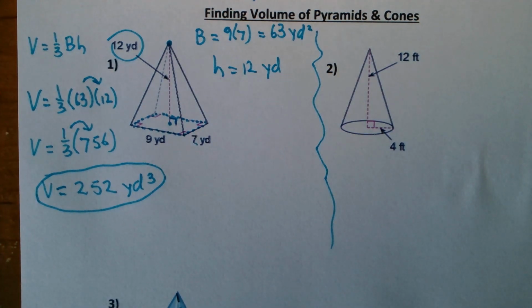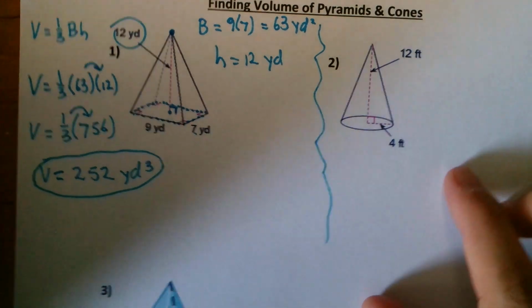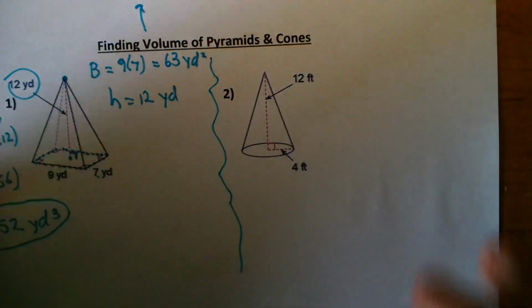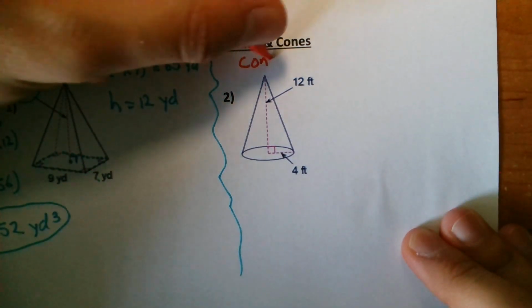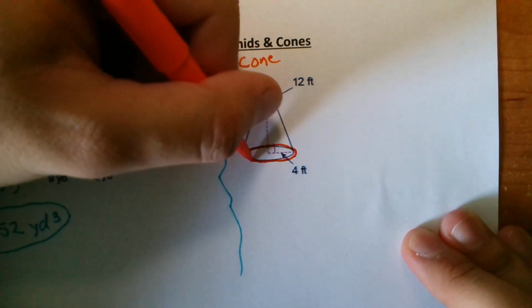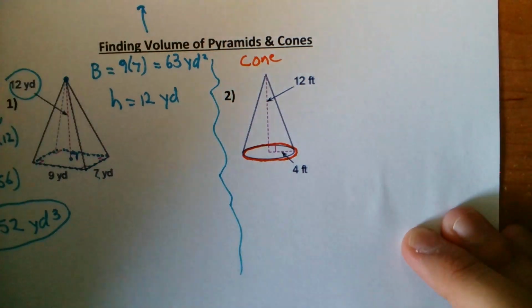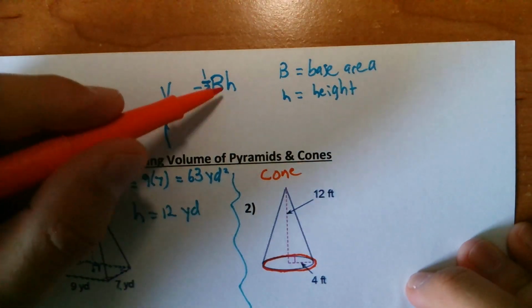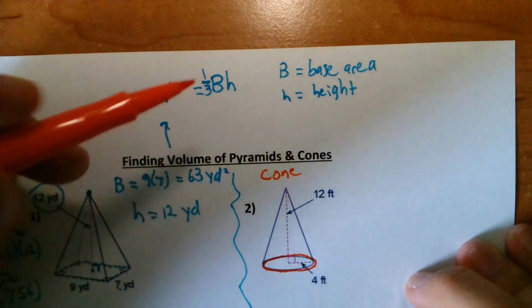Okay, cool. Now, on to number 2. Number 2, we can clearly see is a cone, because we have the circular base. However, the volume formula is still going to be this one. It's just that the way we calculate base area will be different.